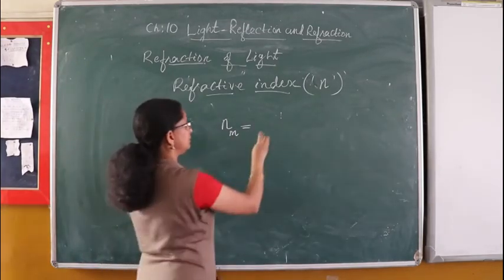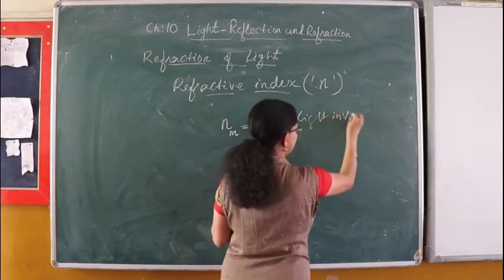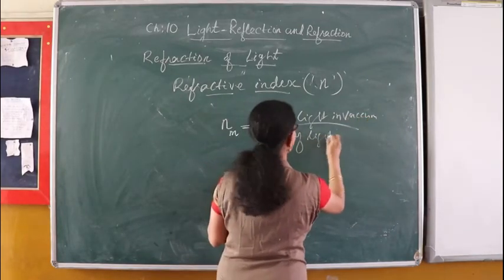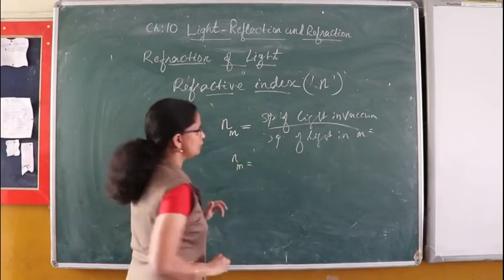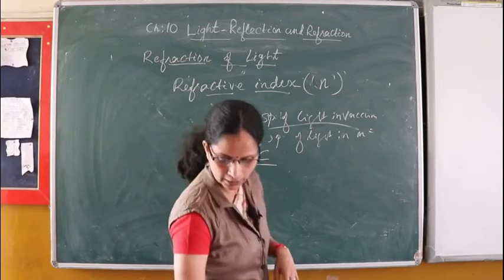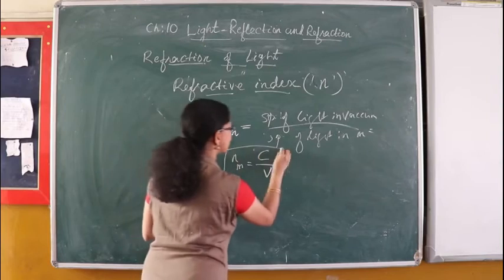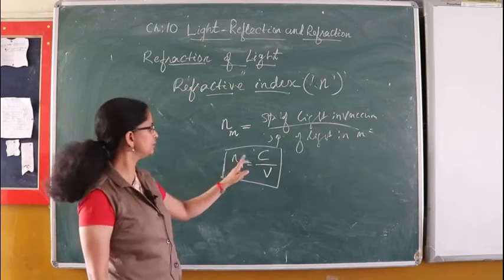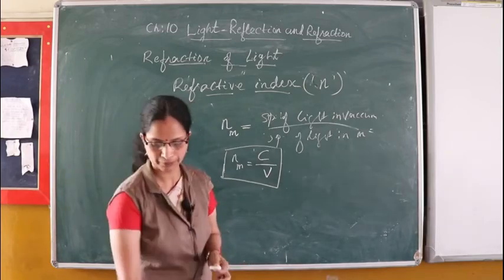It is expressed as the speed of light in vacuum to the speed of light in that particular medium. Since the speed of light in vacuum is denoted by C, and the speed of light in that medium by V, this is the expression for the absolute refractive index: the speed of light in vacuum upon the speed of light in that medium.